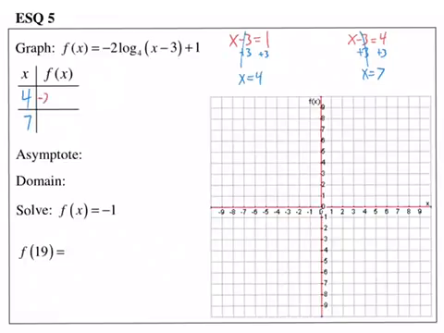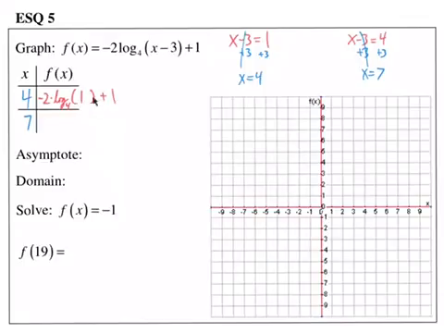I have negative 2 times log base 4, and when I plug in 4 right here, what's 4 minus 3? 4 minus 3 is 1. So this is going to be a 1 in here, and then you have the plus 1 at the end. So again, I rewrote it, and I plugged in 4, got 1.